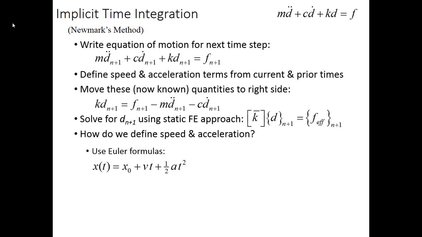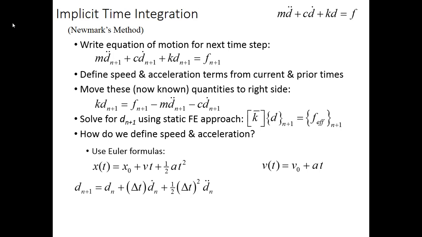The Euler formula says that the position at any time t can be calculated based on the current position, x0, plus the velocity times time, plus 1/2 a t squared. And then similarly, the velocity at some future time can be calculated from v0 plus a t.